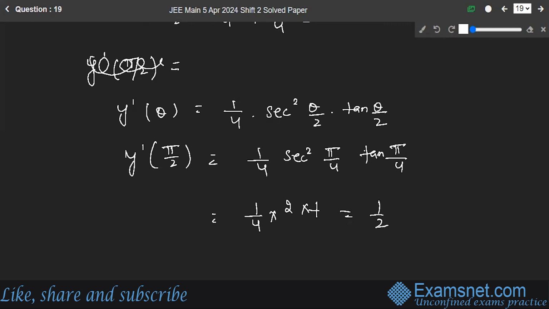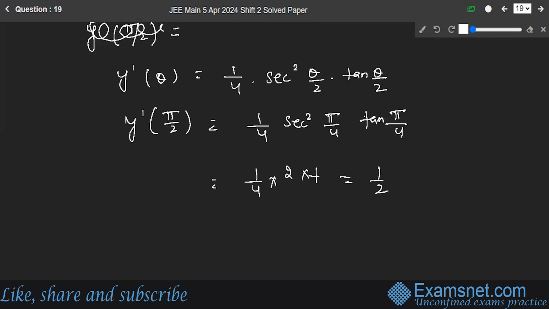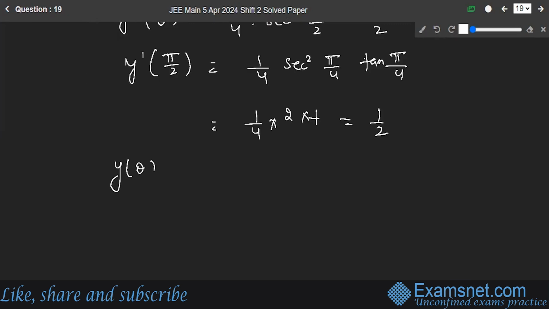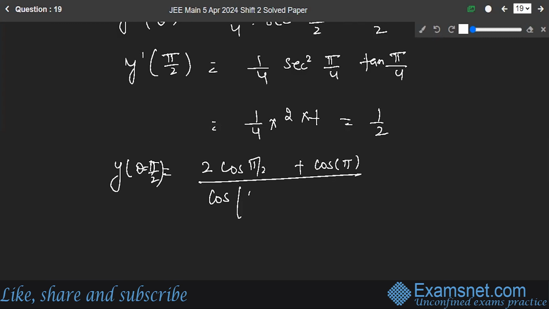Okay. What was your y theta? Y theta was this value. Okay, that's a number of value. So I'm filling this theta is equal to pi by 2. I'm directly filling for pi by 2. This is cos pi by 2 cos pi divided by cos 3 pi by 2 cos pi, cos pi by 2 and 2.